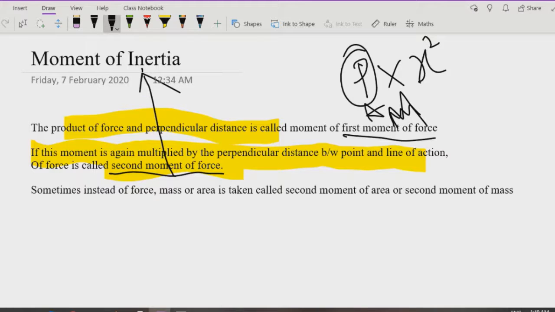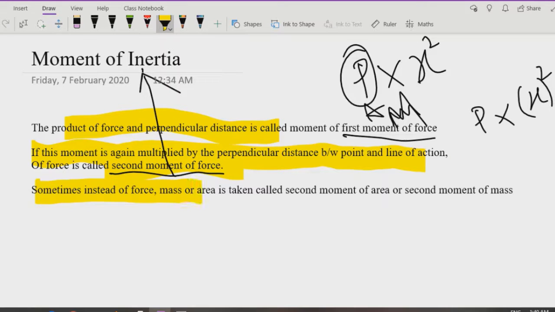So to calculate the moment of inertia, we need force and the square of perpendicular distance. Now usually in figures, in cross sections, we don't have forces, we use mass or area. So as written here, sometimes instead of force, mass or area is taken, and it is called second moment of area or second moment of mass.